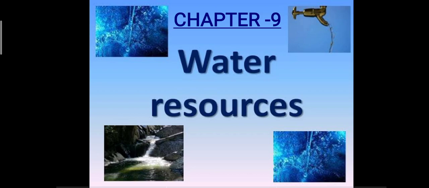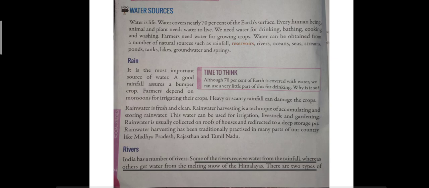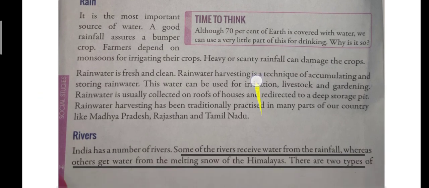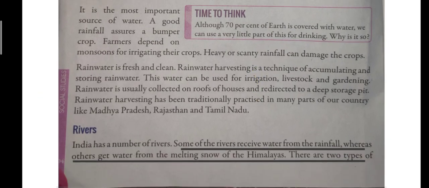So, today we will learn about two other natural sources of water, that is, rivers and groundwater. So, let us first read about rivers. India has a number of rivers.